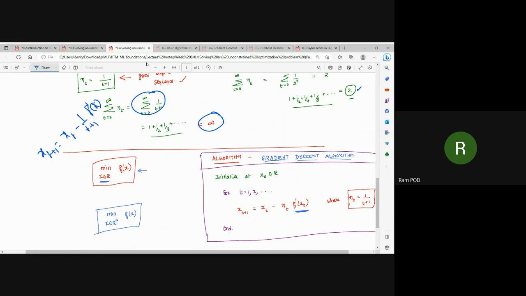If you use this particular formula, that is, if you choose the step size as 1 by t plus 1, then that particular algorithm is called the gradient descent algorithm. Until now, any questions here?